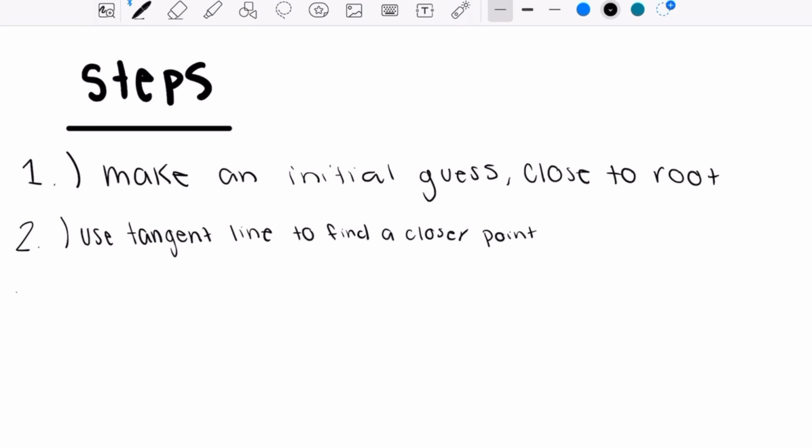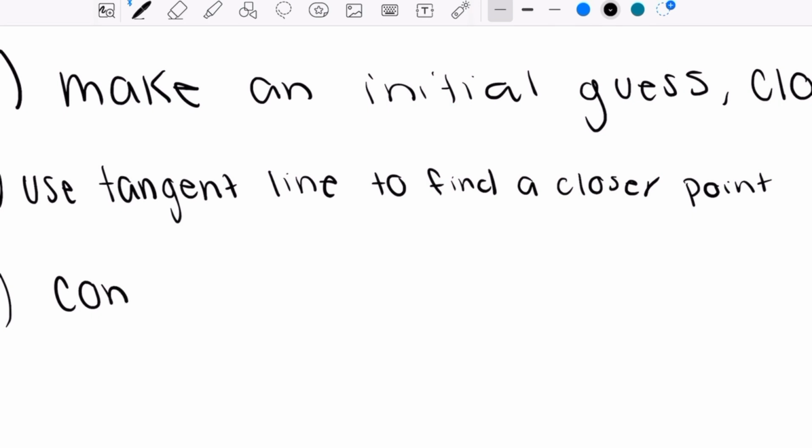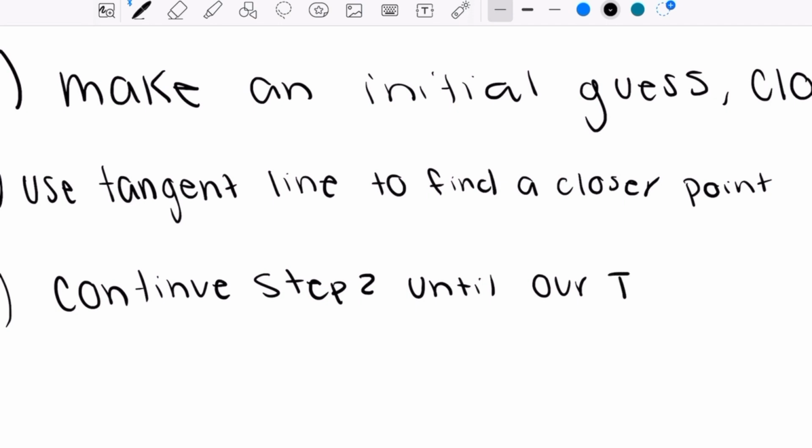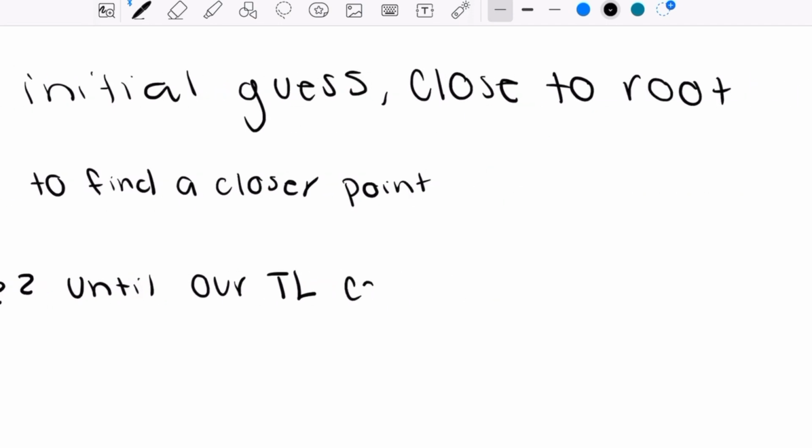So step 3 is to continue step 2 until our tangent line, we'll make that TL, converges with our desired point.